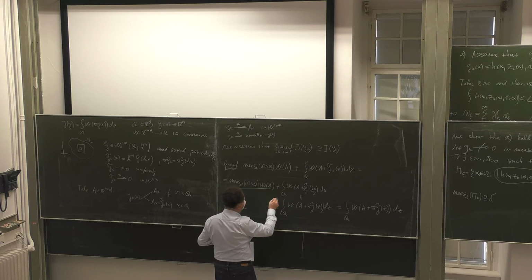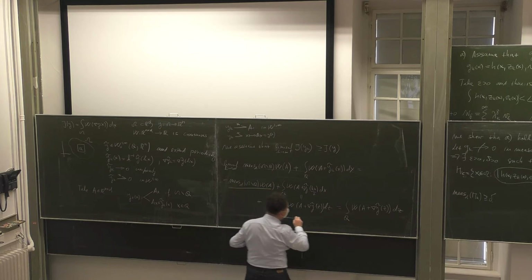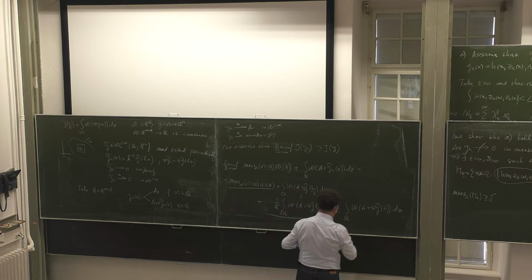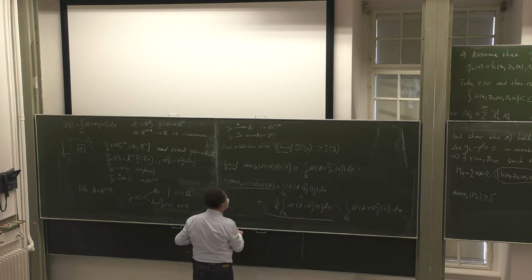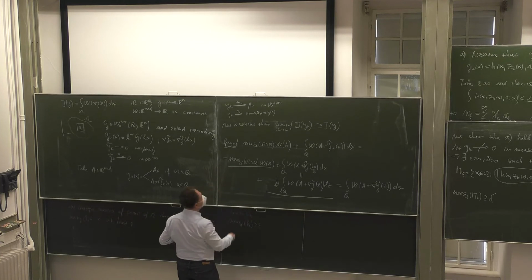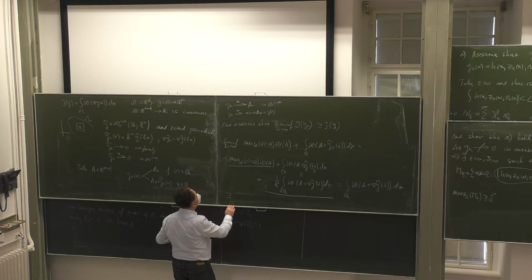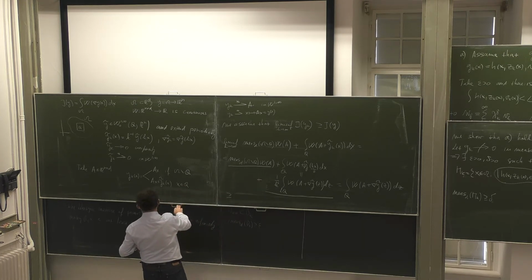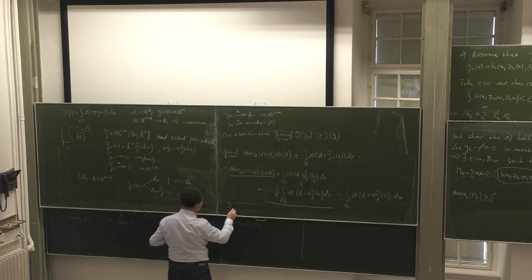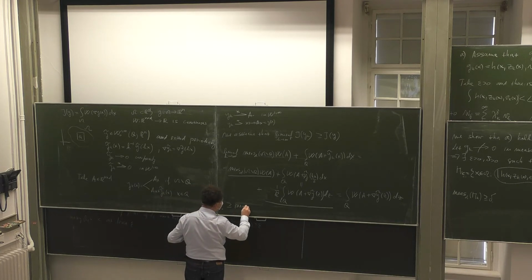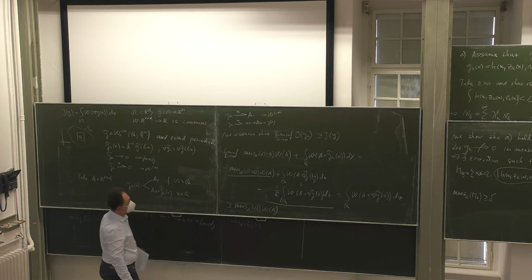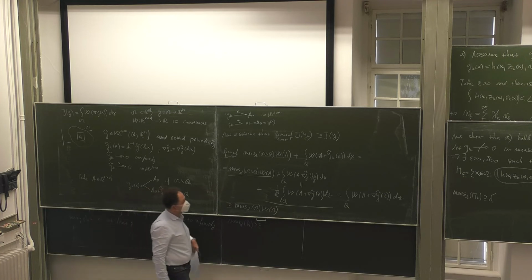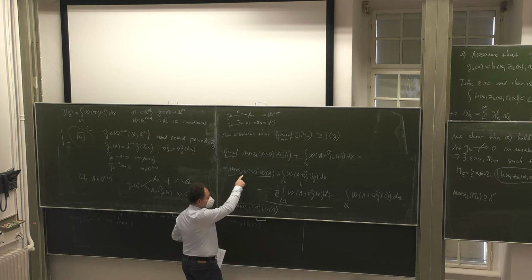So we have this term plus this term. And this is supposed to be bigger or equal than the limit, but the limit is j at y, and y is just A times x, so this will be just the measure of omega times W of A. So now you see that you have a piece here.